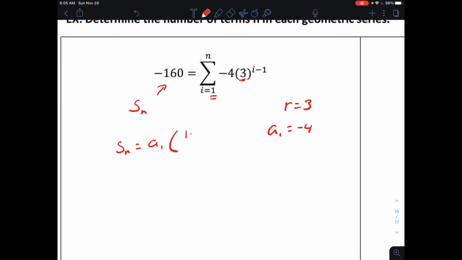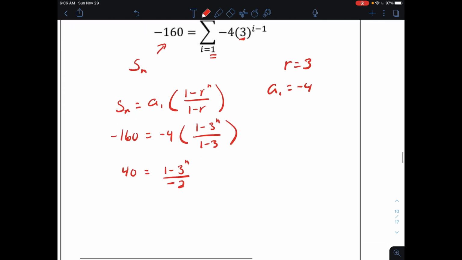Sn is equal to a1 times 1 minus r to the n over 1 minus r. So we have -160 is equal to -4 times 1 minus 3 to the n power over 1 minus 3. And then we work our way to solve. So I would divide by -4 first. And then we're going to multiply by -2.